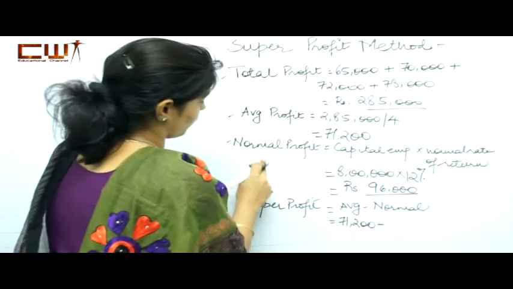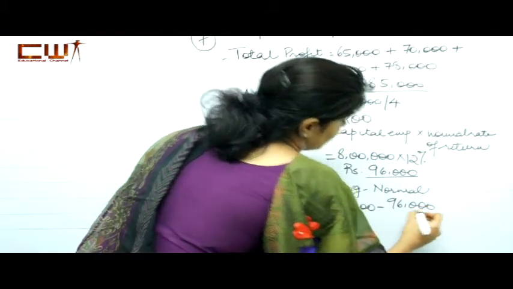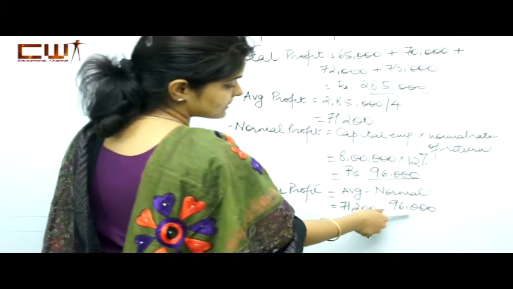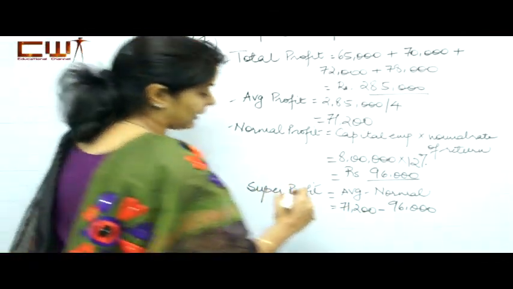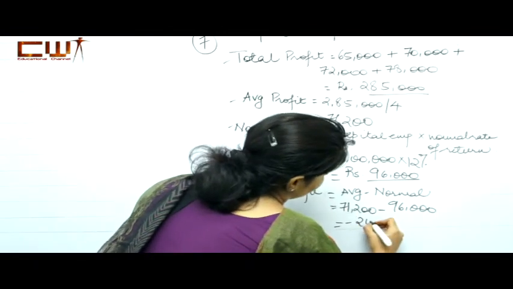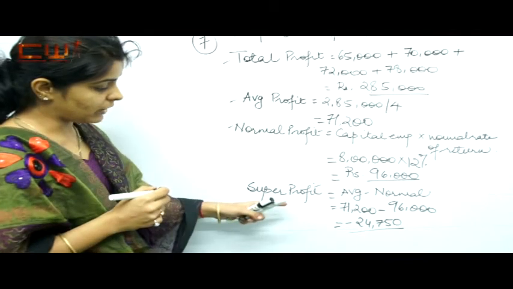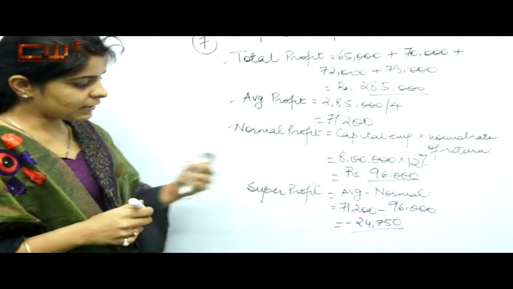What is the normal profit? 96,000. Now you see a difference. 71,200 minus 96,000. That means your answer will be coming in negative. That is minus 24,750. So super profit, instead of profit you are incurring a loss. You are getting your answer in negative.